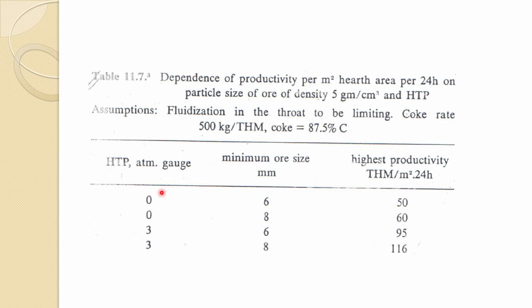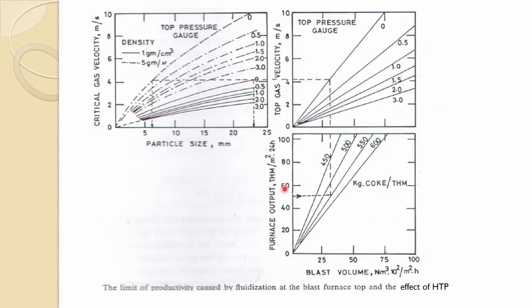When the top pressure is 0, the same as atmospheric, the minimum ore size required without fluidization is 6 millimeter. That is how this is calculated. Below that, fluidization will occur, so you can't have it. It should be in that range.